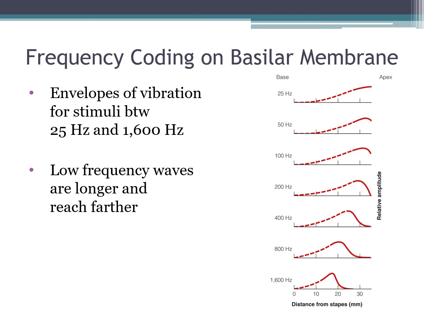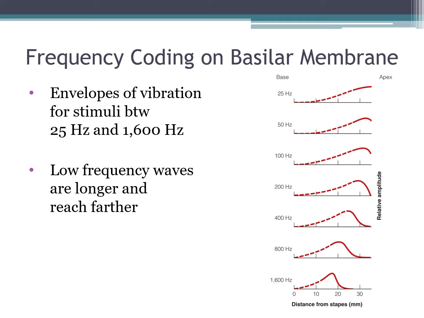that. But if we're looking at what's happening at the basilar membrane, for those low frequency waves, those low notes on the piano, we see the basilar membrane's wave is longer, and it reaches farther up to the apex. And you can see as we move down into higher and higher frequencies, by the time we get to 1600 hertz, that apex part of the basilar membrane is not moving at all.